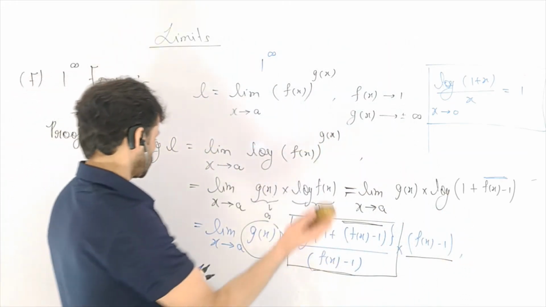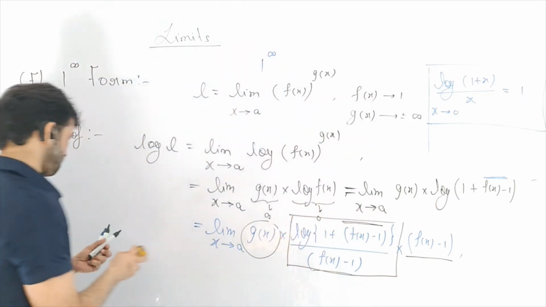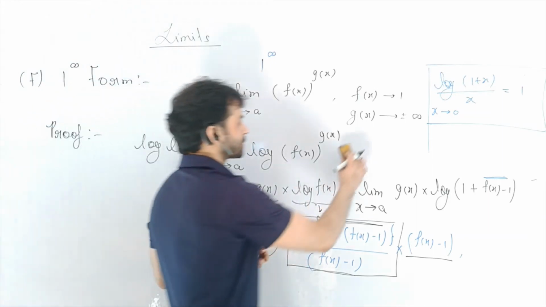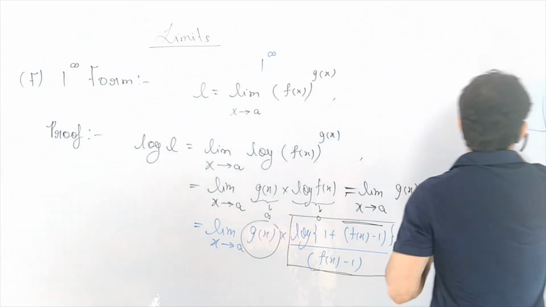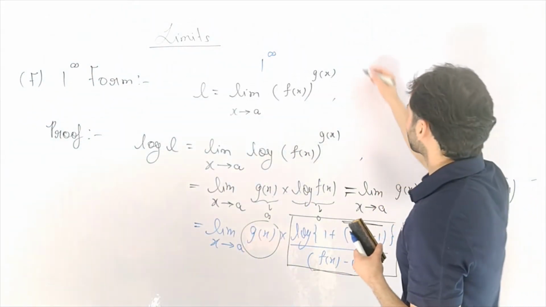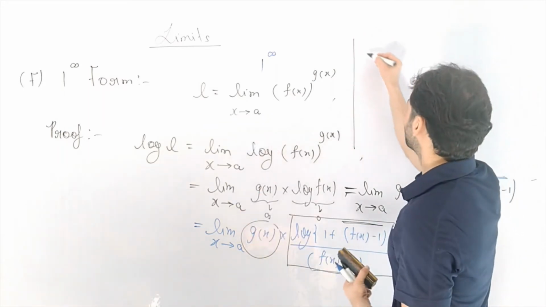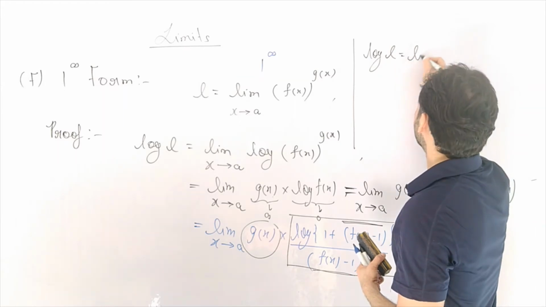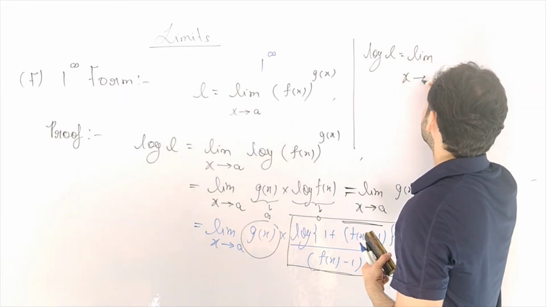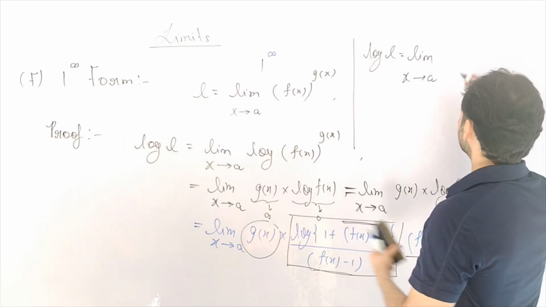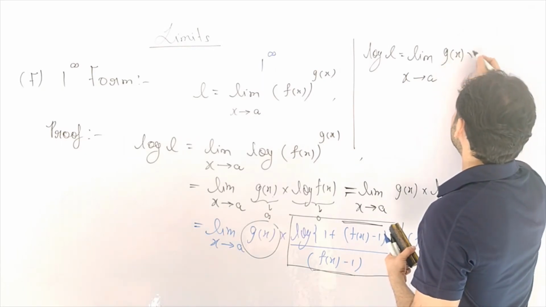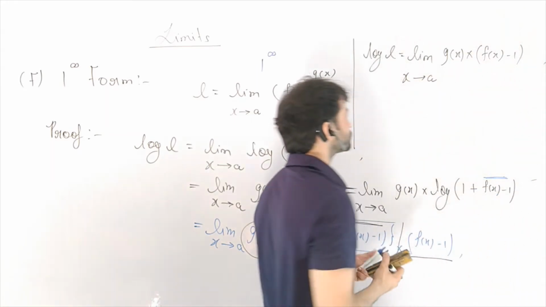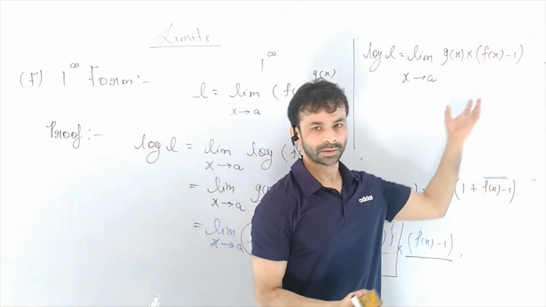So we get log L is equal to limit x tends to a of gx into fx minus 1. Now this is very much simplified.